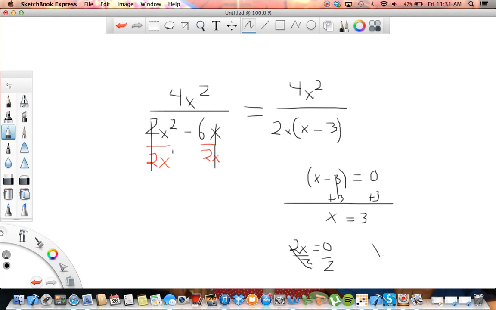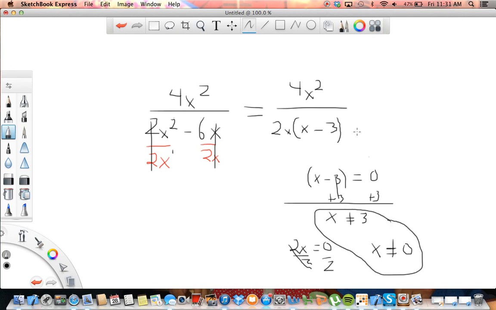That's going to leave you with x cannot be 0. So anytime you see where you have two variables in the denominator at this point in the problem, you simply set both parts of that equal to 0. x minus 3 would be equal to 0, and then 2x is going to be equal to 0, and that will give you your two excluded values. So x cannot be 3, x cannot be 0. So that's going to be part of our answer, so I'm going to go ahead and circle that.